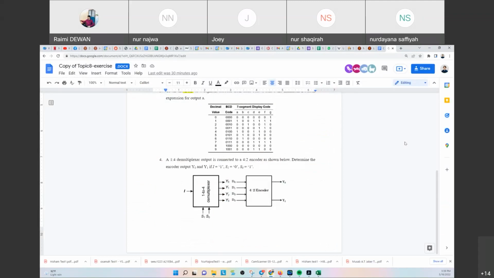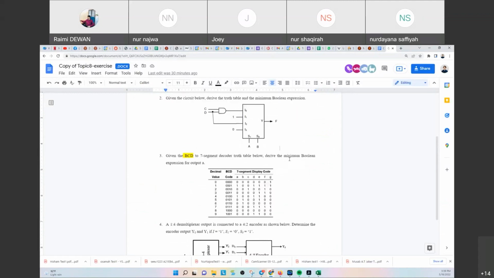Which one? This one? Oh no, cannot. It must be, wait. Given the BCD to the 7 segment truth table. Okay. It's given here already, Joey.